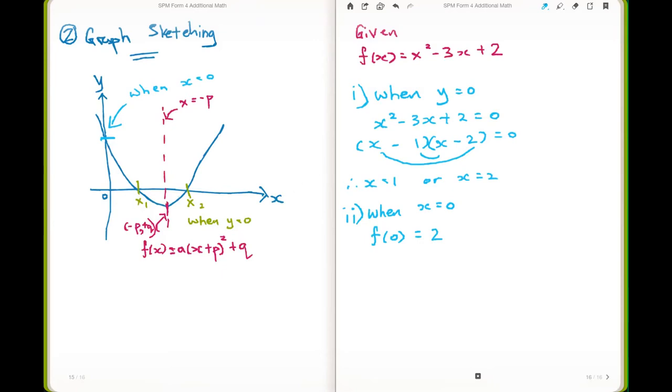The third one, the final one, will be completing the square. I know it's a little bit tedious.